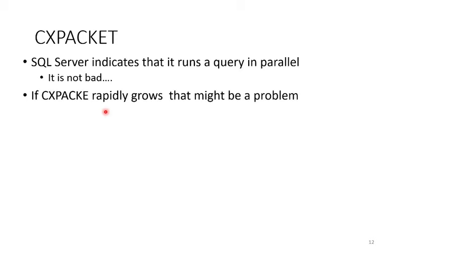The causes could be a lot of problems, but your action should not be to turn off the parallel query execution. Because if you set max dop to 1, you will not see CX packet. So you may say, okay, I have no problem at all. Yes, you still can have the problem because your query can be slow. So you should not turn it off.